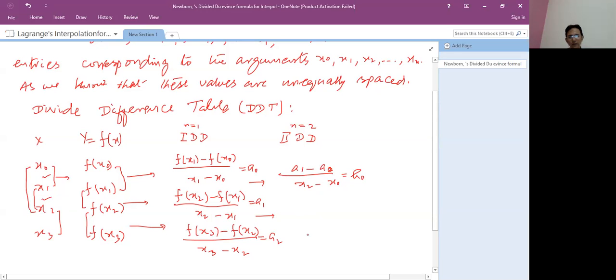And the second DD, for the second interval, is a2 minus a1 in the numerator divided by x3 minus x1.